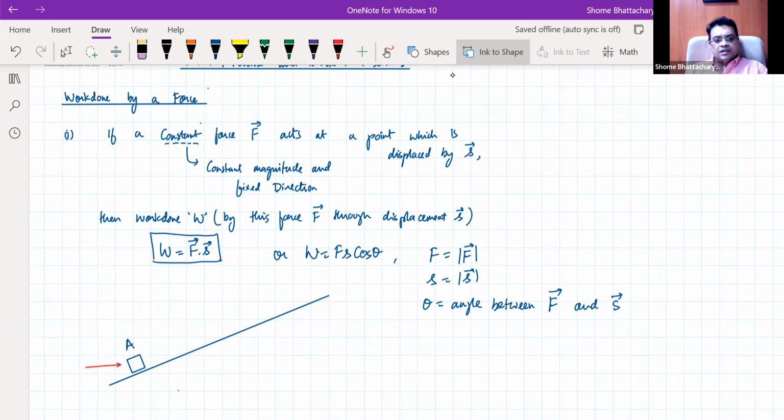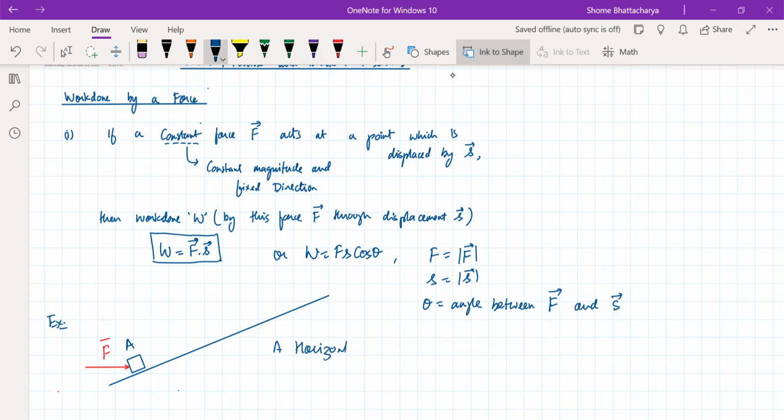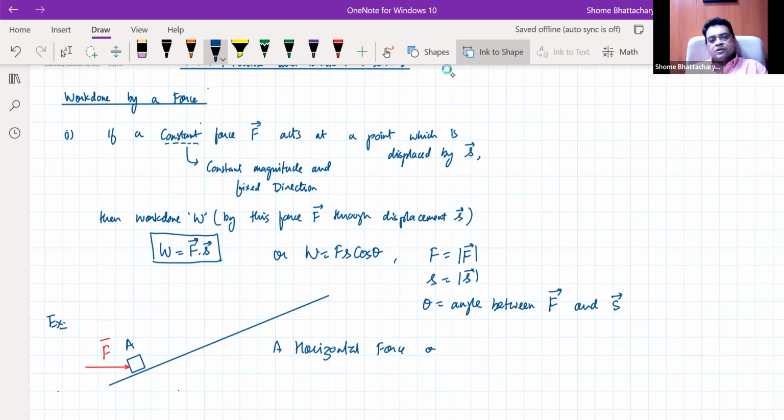For whatever reason, I start applying a horizontal force. I'm not applying the force along the inclined plane, not parallel to it. I'm applying it horizontally. This is a physical example of how we will implement that definition. So a horizontal force of constant magnitude, let's say.